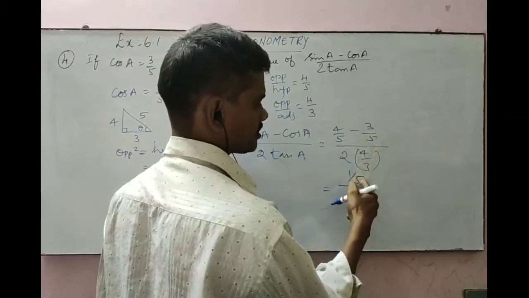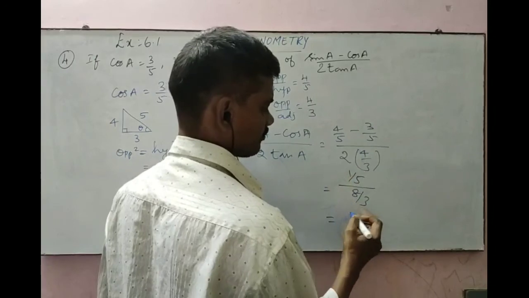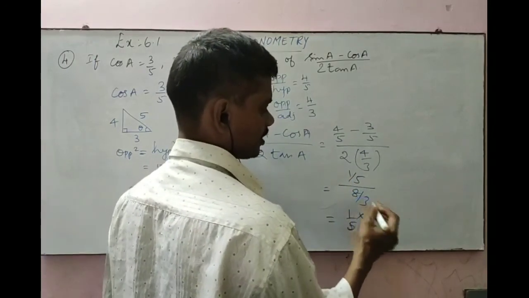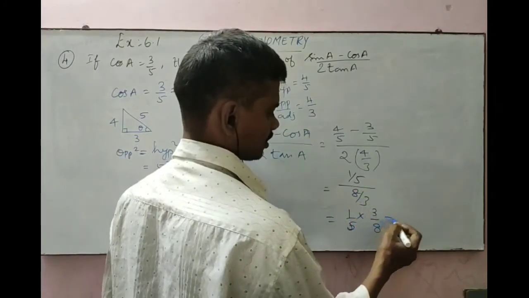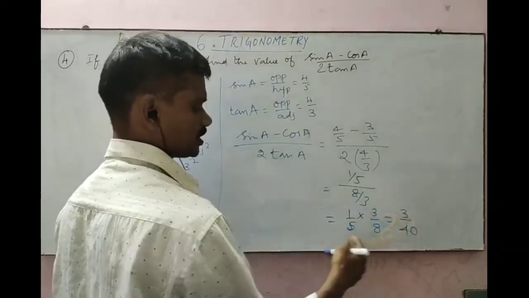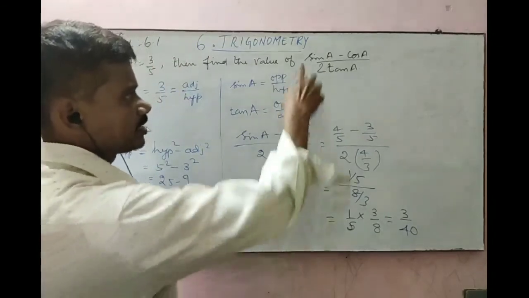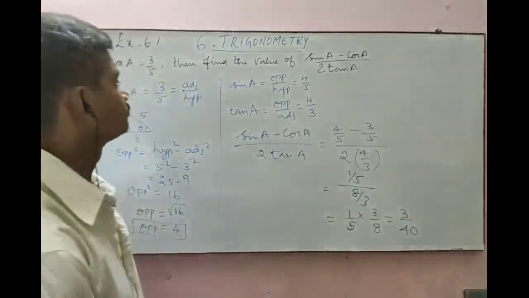The common denominator is 5. 2 into 4 gives 8 by 3. Fraction divided by fraction is simplified by multiplying the numerator with the reciprocal of the denominator. Reverse the denominator and multiply. So you will get the answer as 3 by 40. 1 into 3, 3. 5 8s are 40. So the value of sin A minus cos A by 2 tan A is equal to 3 by 40.